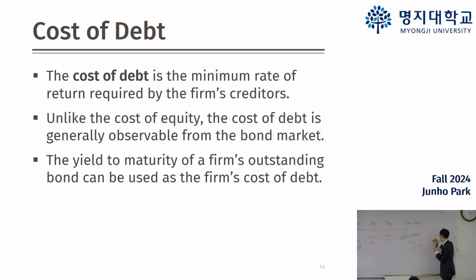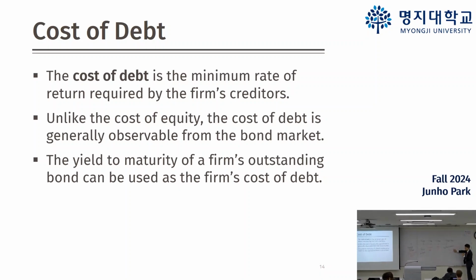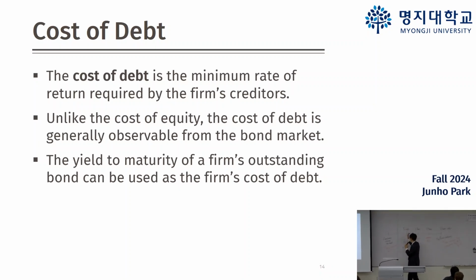Then when the bond matures after the 3 years, what the investor gets is $105, adding the face value, the principal, and the coupon, the interest. So now today is here.